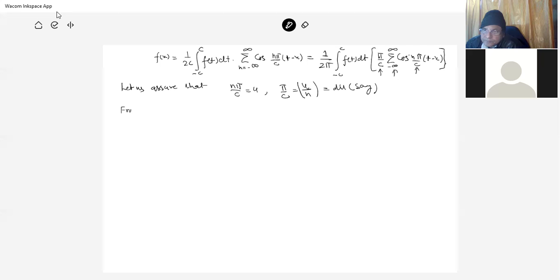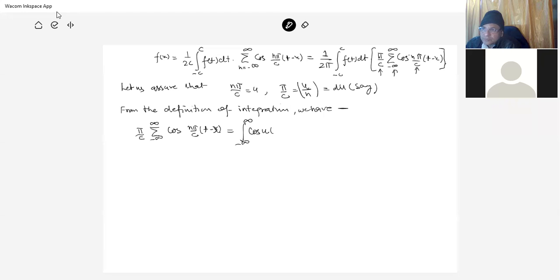From the definition of integration we have: this is pi by c, minus infinity to plus infinity, cos n pi by c (t minus x), which can be written as minus infinity to plus infinity cos u(t minus x) du, by substituting the above assumptions.